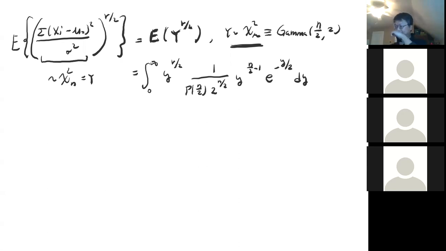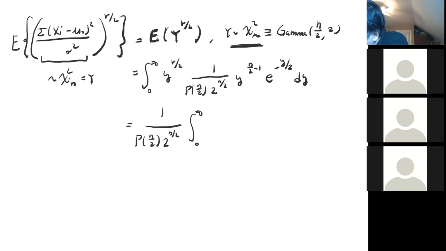Okay, good. Even though I say it's hard to derive, it's actually not out of principle, because I can take this guy out and divide by 2. Then from 0 to infinity, I have y to the n divided by 2 plus gamma divided by 2 minus 1, expectation of minus y divided by 2, then dy.